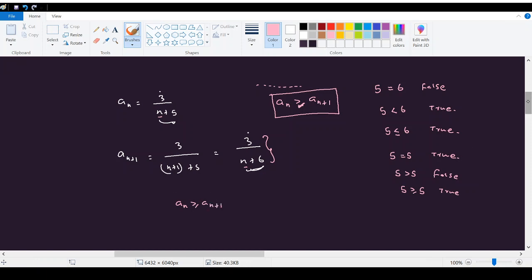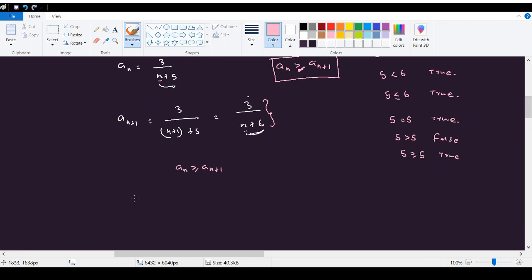Now anyway, if you need to prove this result correctly, in a direct way, what you should do is just write down the two terms separately. Here this is 3 over n plus 5, and then this will be 3 over n plus 6. And then to obtain this one, you can do a back calculation.